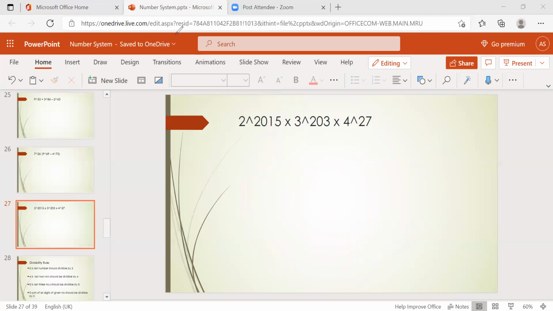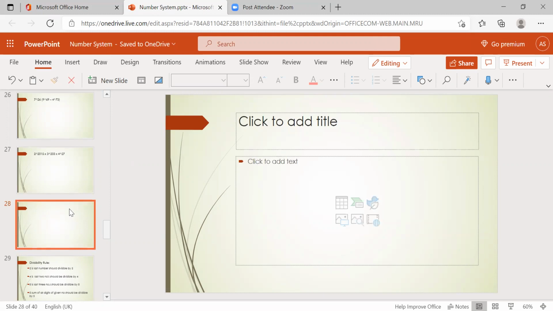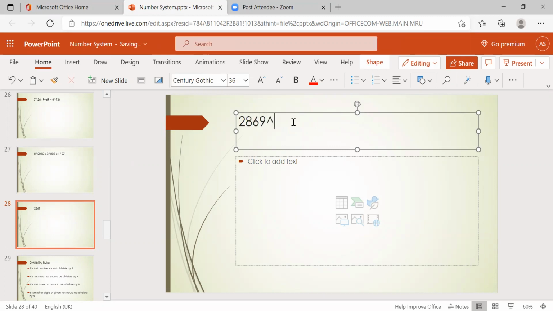I'll give one more problem for you to solve. This one you didn't solve, and the next problem you have to solve surely. Just wait a second. I'll give one more question. Easy question. 2869 power 123 plus 3426 power 70.